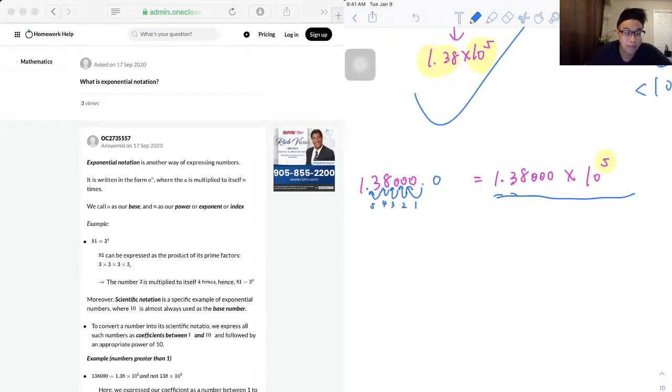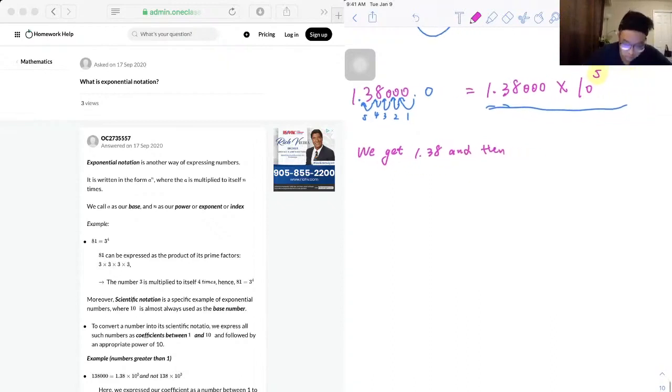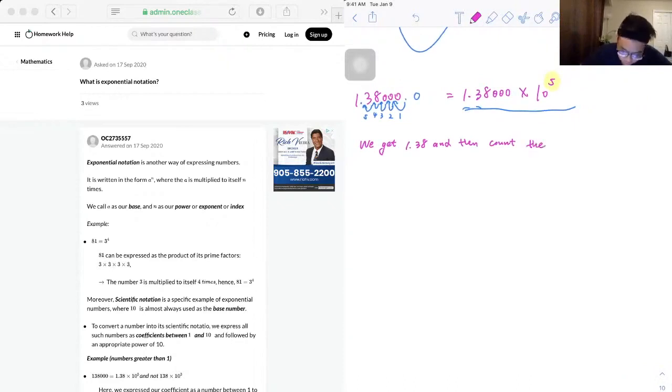Yeah, so we go 1.38, and then we count the decimal. Let me write this down. So we get 1.38, and then count the decimal places from the rightmost digit up to the first digit.